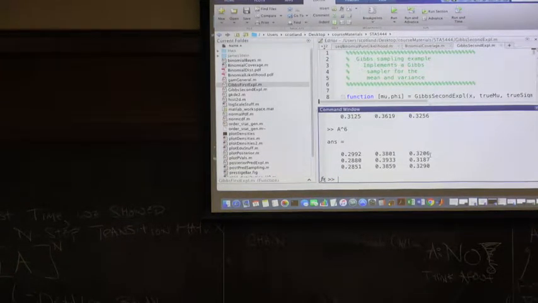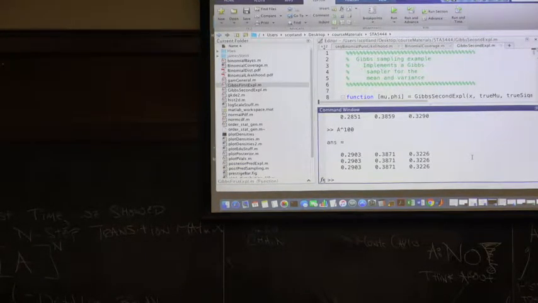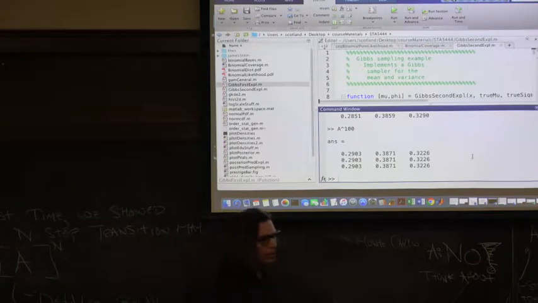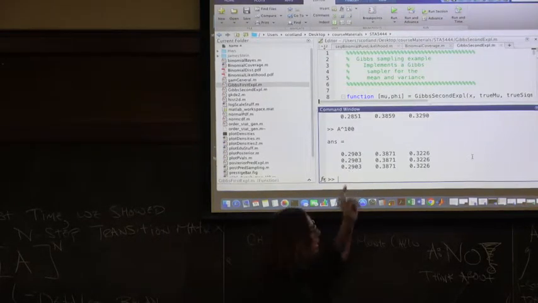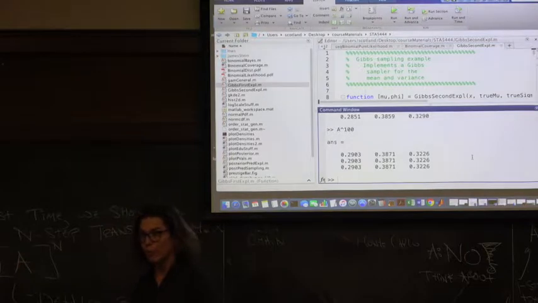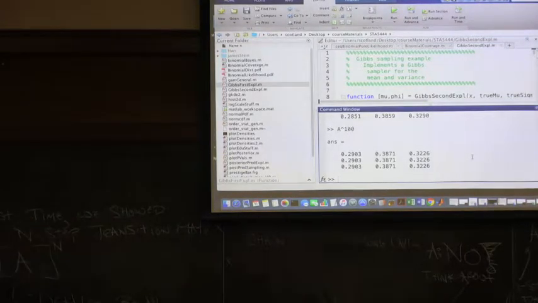They are different. We crank this up a whole bunch of times. So up to numerical precision, those are all the same numbers. So what this says is that the probability of being in state 1 is 0.2903 regardless of where I started from. That's a limiting distribution.